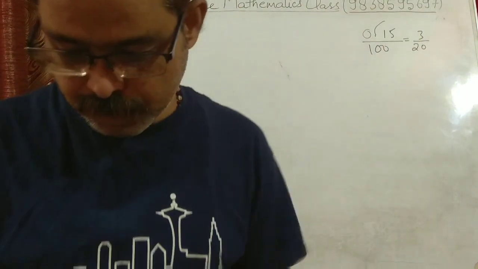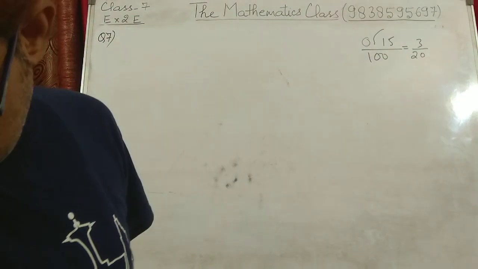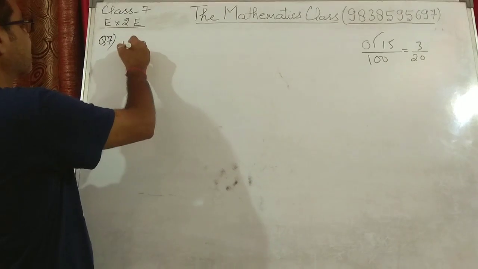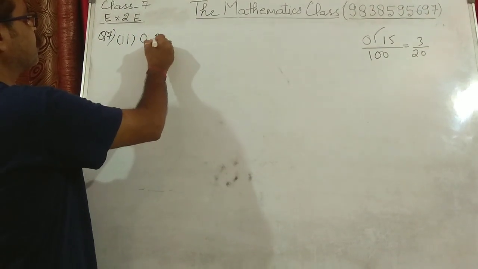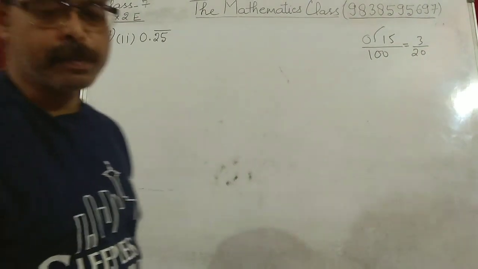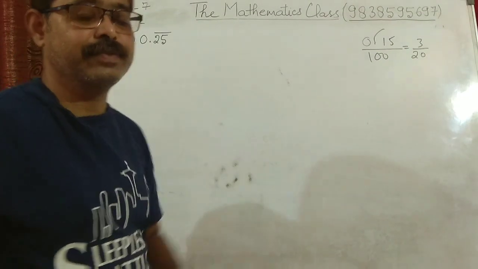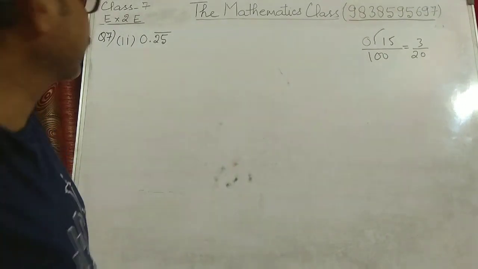So now we move on to question number 7. Change the following recurring decimals to a vulgar fraction. In this I am taking the second question. It is 0.25 bar. Now remember, in the previous video we have discussed, if the question is given like this, first of all we will assume the number as a variable.